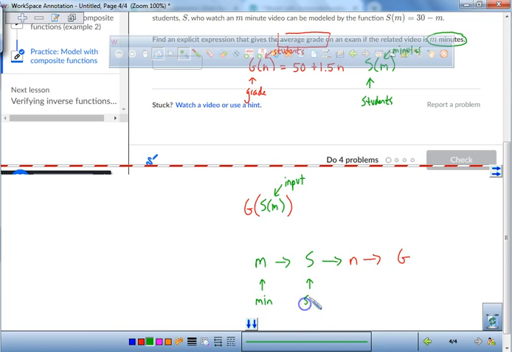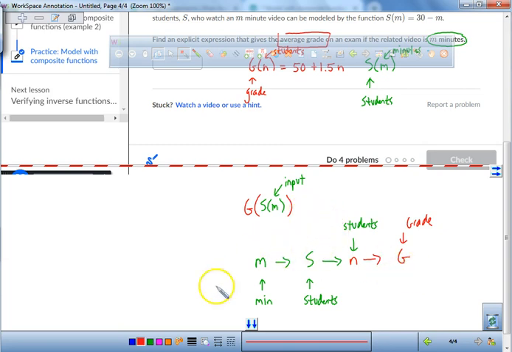S equals the number of students. Lowercase n also equals the number of students. And G represents the final grade. So this is our original input, which leads to an output, and then we take that output, make it the new input, which leads to a final output.